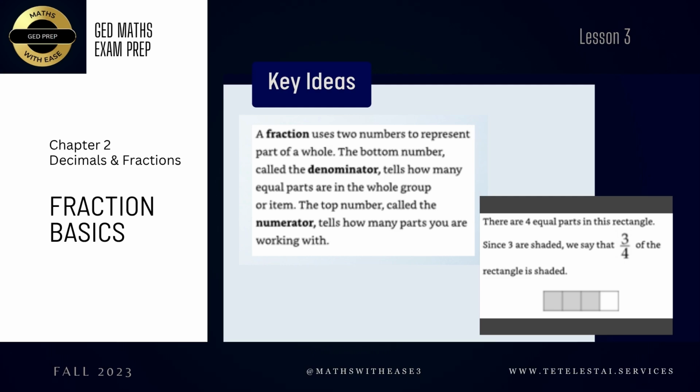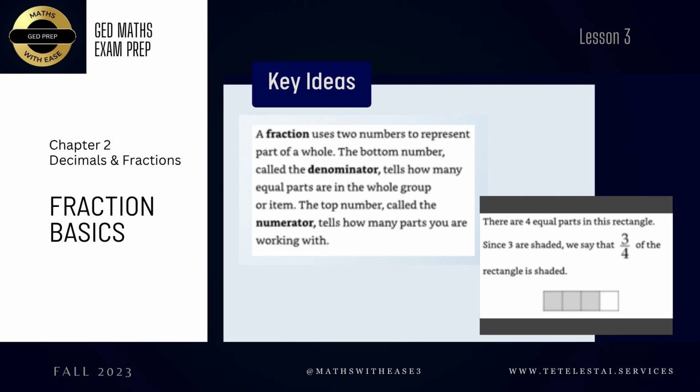So a fraction uses two numbers to represent a whole number. The bottom part of the fraction is called the denominator, and it tells you how many equal parts are in the whole, or in the whole group. The top of a fraction is called the numerator, and it tells you how many parts you're working with.